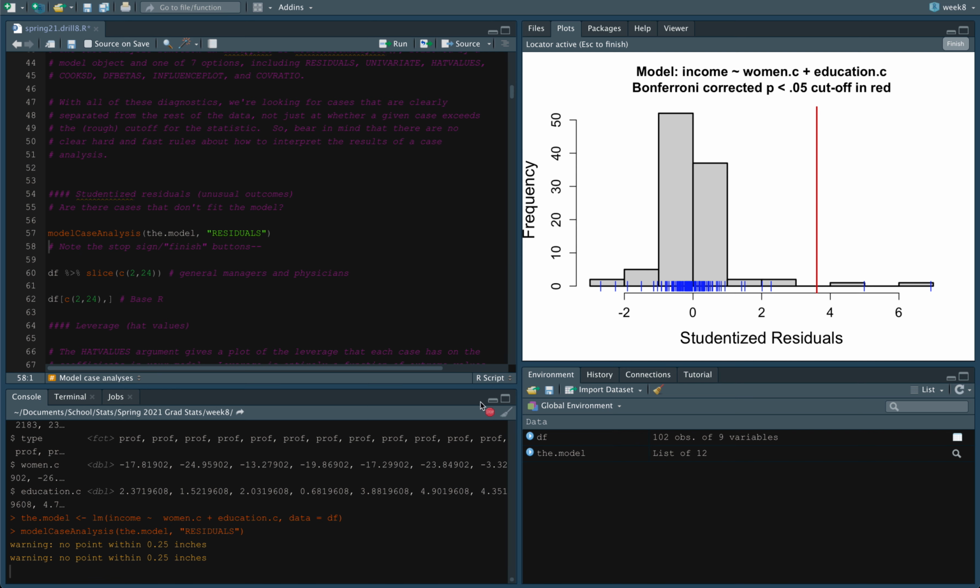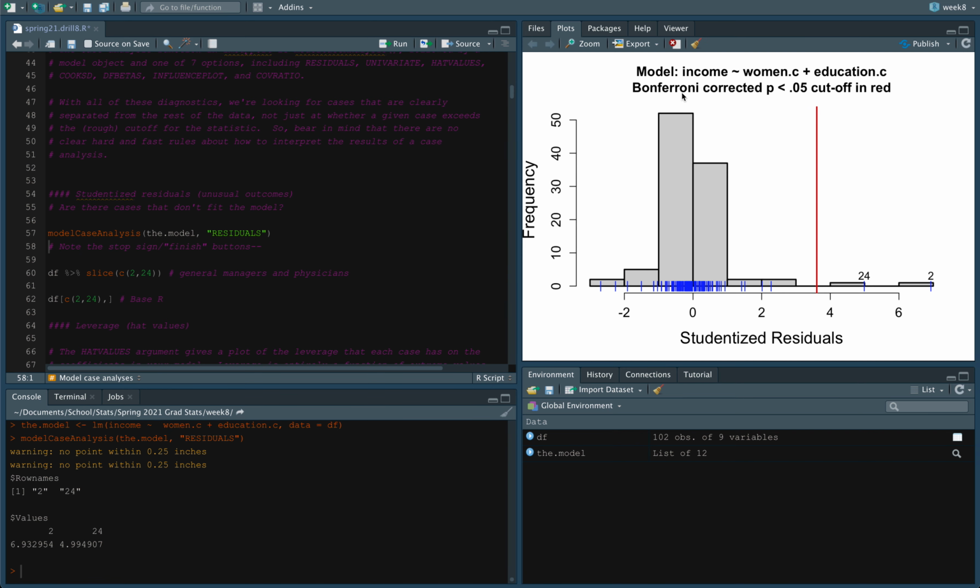The reason that this is still running is that you have to click finish after you click on the points that you want to identify. Now when I click finish, it will tell me the row names of 2 and 24. This one is row 24, and this one is row 2. If we want to see what those 2 rows are in particular, slice is the dplyr function that chooses things based on their location.